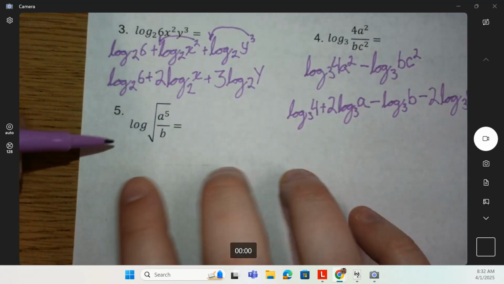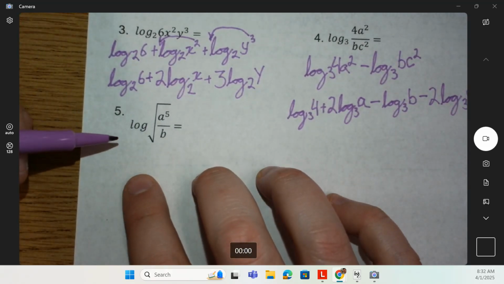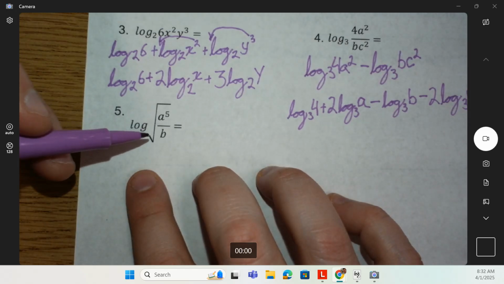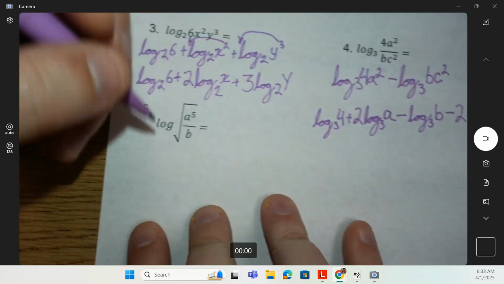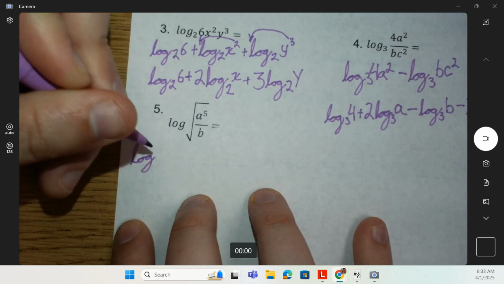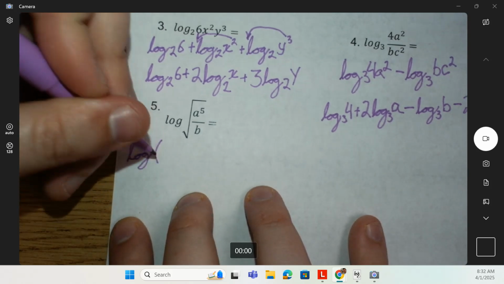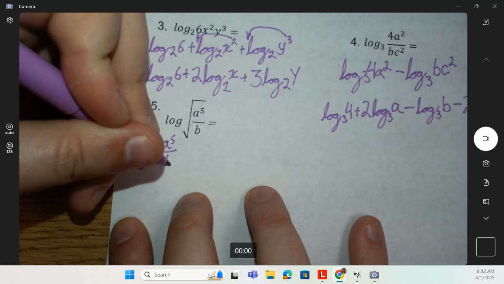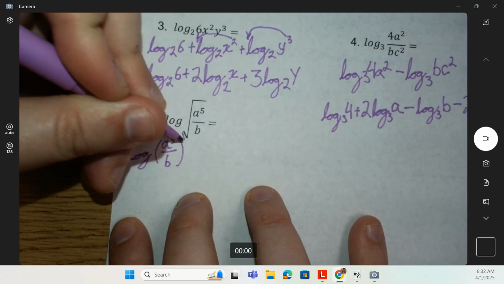Okay, then we have this on number 5, the log of the square root of a to the 5th over b. So to change that right off the bat, remember that the square root is really just going to be the same thing as having something to the 1/2 power.